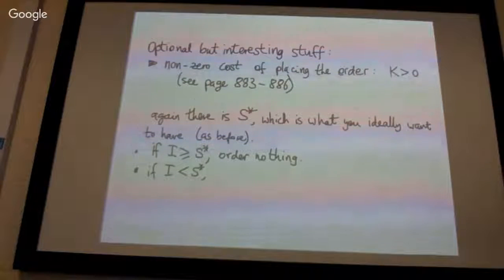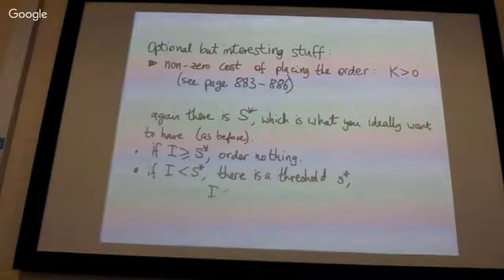Okay. So there is a threshold they call little s star in the book. And if I is less than this little s star, then you want to order big S star minus I to get to big S star, which is what you want.